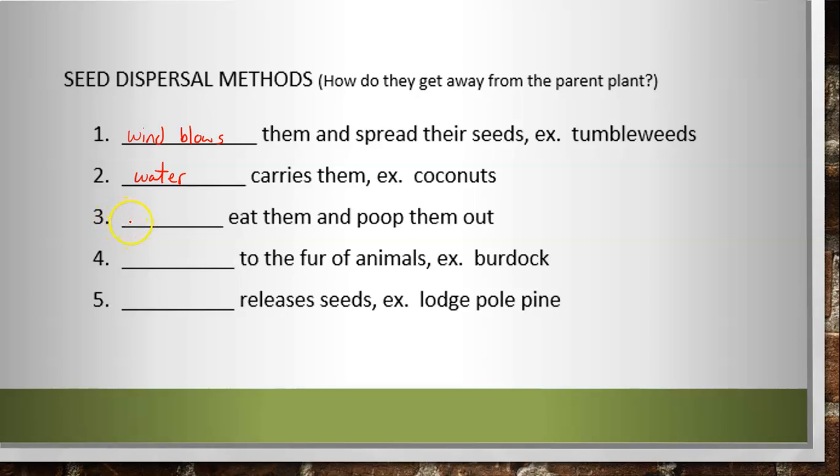Animals will eat them, such as a monkey, and it'll eat the plant and then poop them out later. Sometimes it can stick to the fur of an animal or stick to the feet of an animal in order to get transported. Or a fire can release seeds, such as in the case of the lodgepole pine.